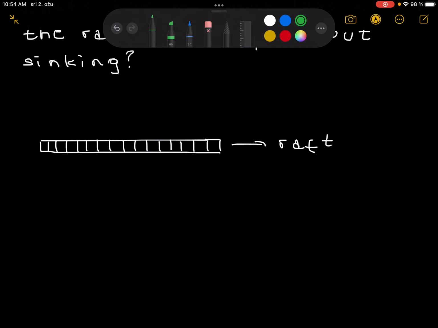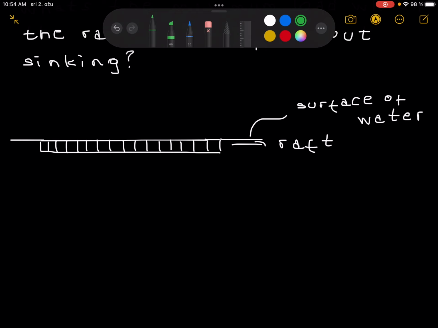And we'll say that this is the surface of the fluid. It's not specified which fluid it is, but I think it's most probably water, so surface of water.